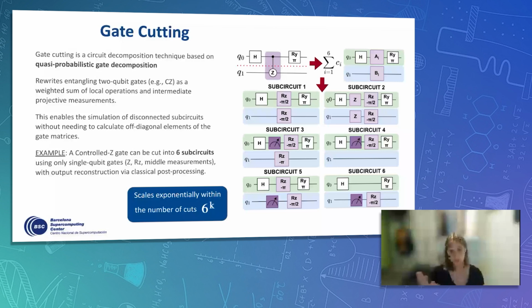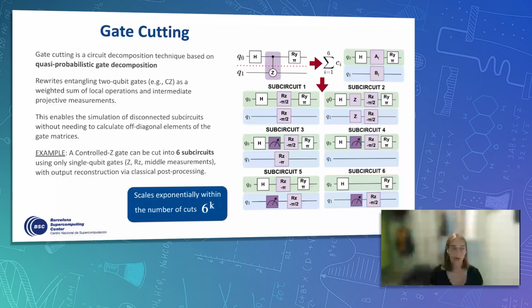As in the example in the picture, a control Z can be cut into 6 subcircuits, and the resulting subcircuits are all 1-qubit gates, which allows us to split this 2-qubit circuit into two 1-qubit subcircuits. In this case, it scales exponentially with the number of cuts, 6 to the k, which we see is a little bit better than wire cutting. And we're going to focus a little bit more on this than on wire cutting.